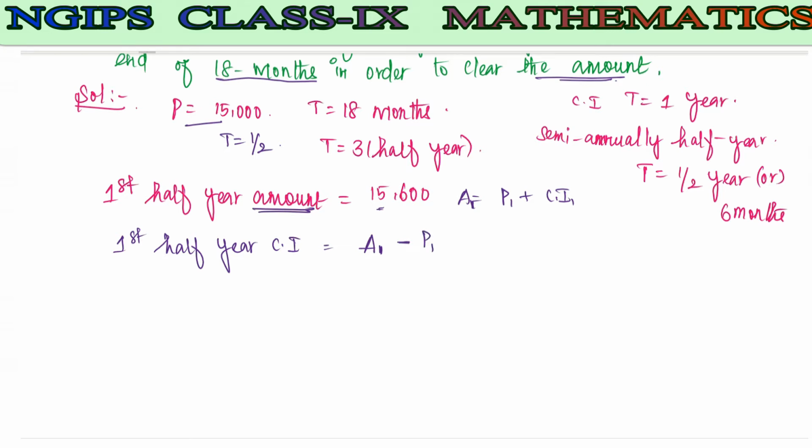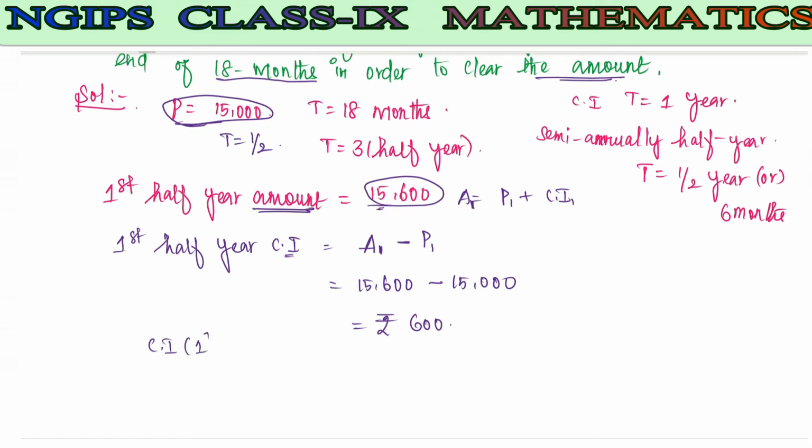If you subtract both, we are going to get the compound interest. So first half year amount is 15,600 minus the first half year principal, 15,000. If you subtract both, you are going to get rupees 600. So this is the compound interest for the first half year.